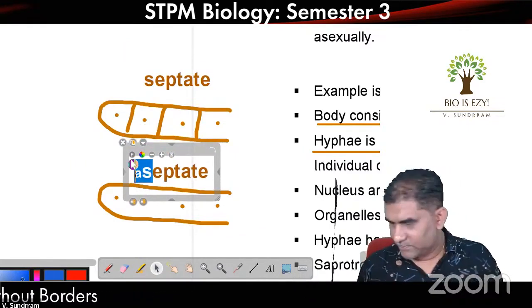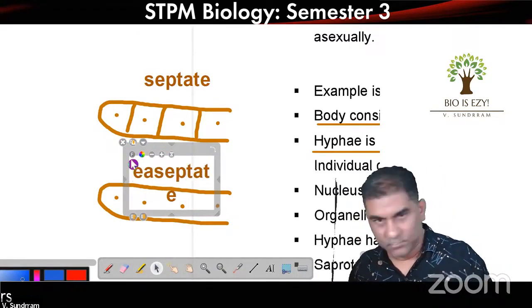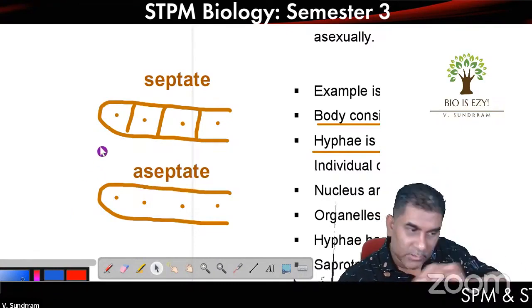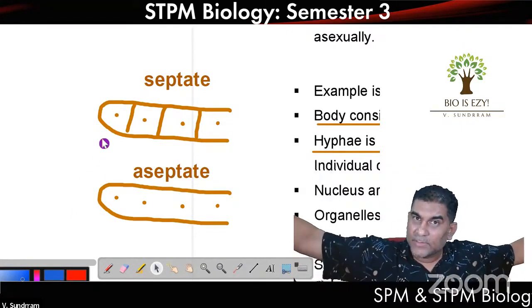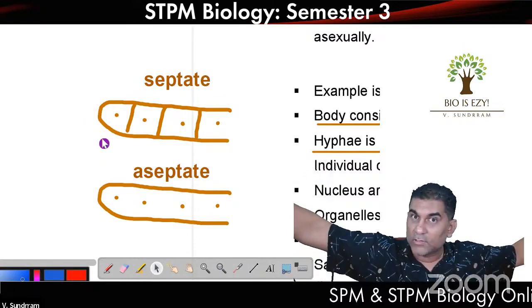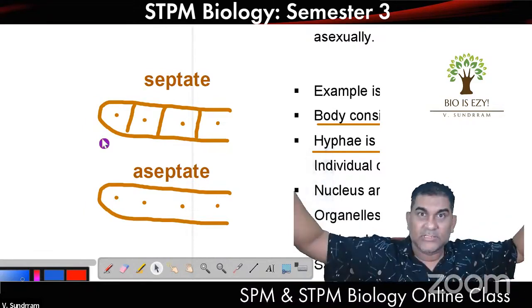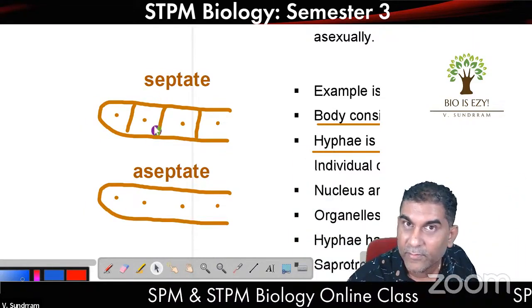So that means many cells already joined. The cytoplasm is from one long cell, many cells already fused. The nucleus is inside, many nuclei inside. This wall it doesn't have.